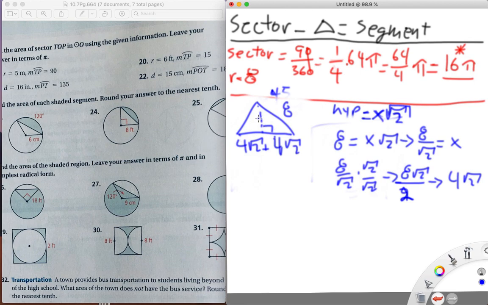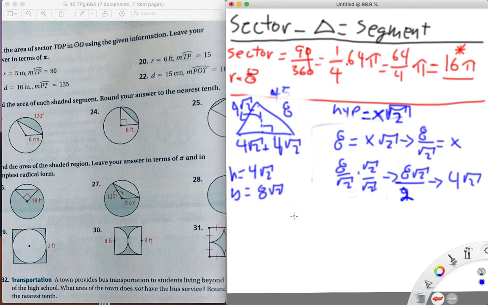Since this is the same as the height, the hypotenuse is the same, that's going to also be 4 root 2. So my height is 4 root 2. My base is 8 root 2.